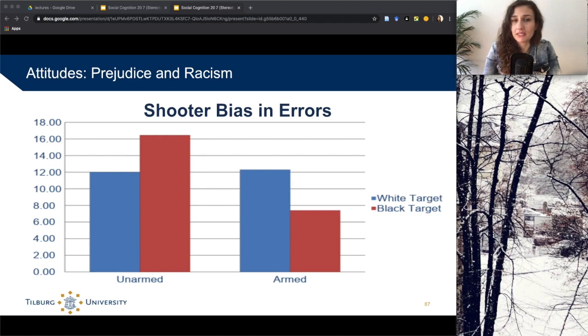Okay, and we could take this as evidence that people hold even a behavioral bias against black people in this case. So that would be evidence for prejudice actually flowing into discrimination, into discriminatory behavior.